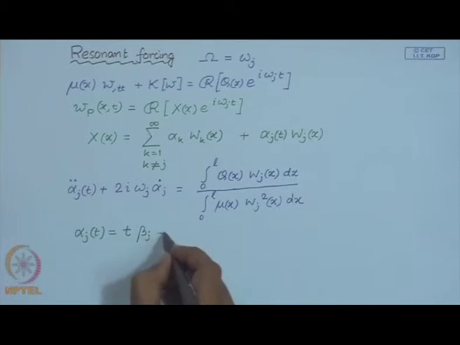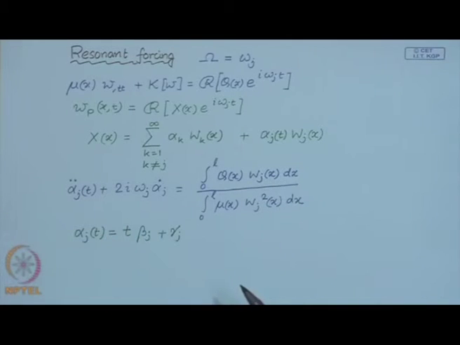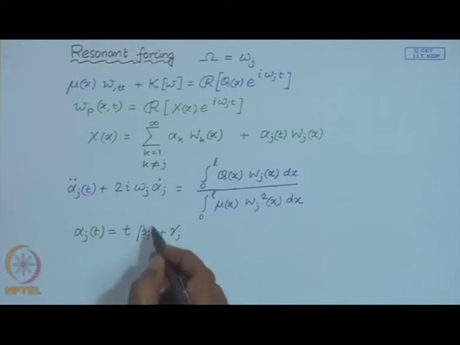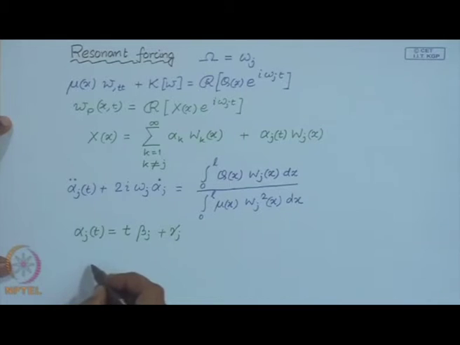It could be this, but if you substitute and evaluate, this vanishes. So we have only beta j, if you substitute this solution form in here.